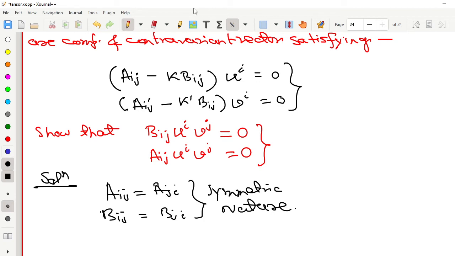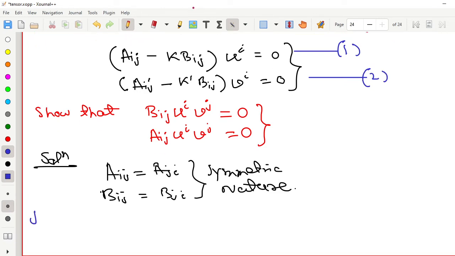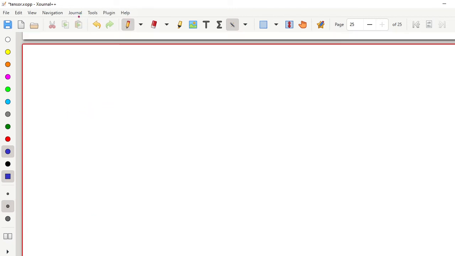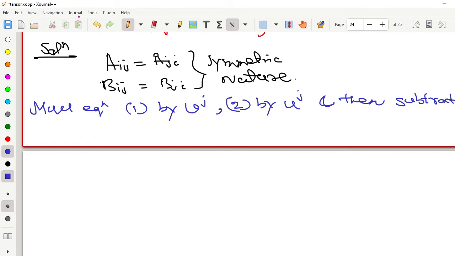Let me call these given equations 1 and 2. Look, multiplying equation 1 by vj, because it is already multiplied by u, I multiply by v. Multiply equation 1 by vj, and equation 2 by uj, and then subtract. Subtracting, let us see what comes.